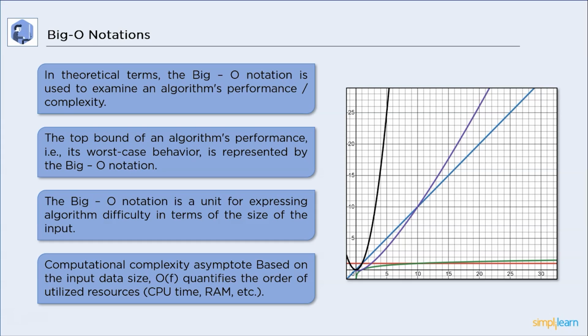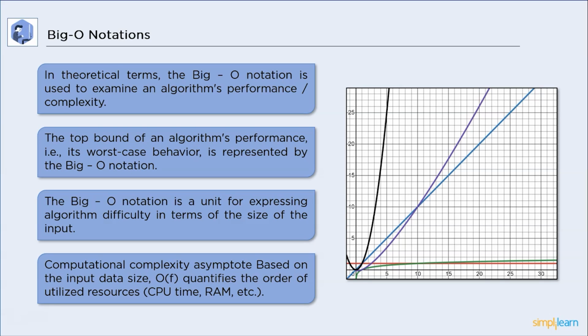Big O notation also considers algorithm asymptotic behavior, which refers to the method's performance when the amount of the input climbs to extreme big. Computational complexity asymptote big O of f measures the order of employed resources based on the magnitude of the input data, that is CPU time, RAM, etc.